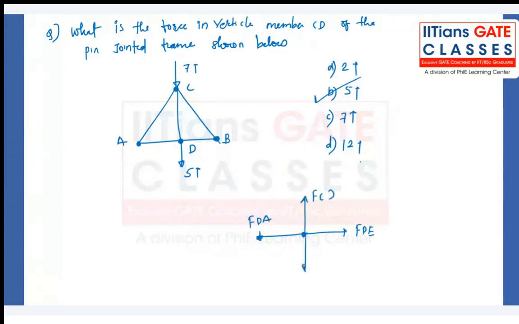So in the member CD, the force will be 5 ton only. If you apply summation of all vertical forces equal to 0, FCD or FDC, whatever you name it, equal to 5 ton.